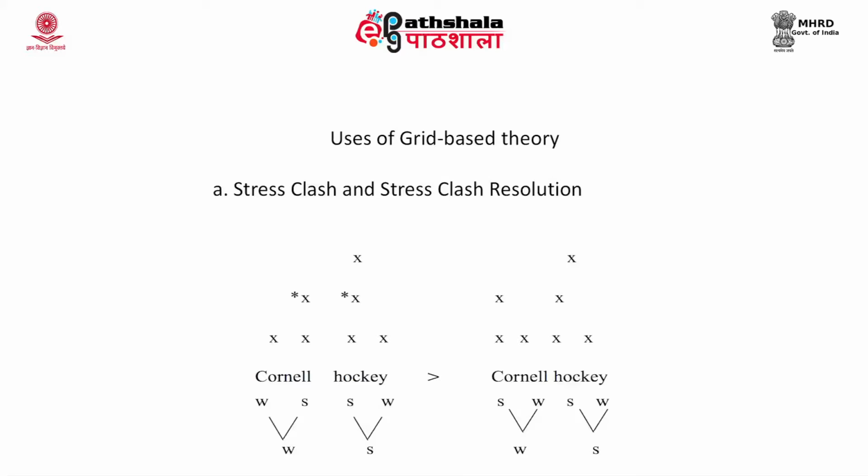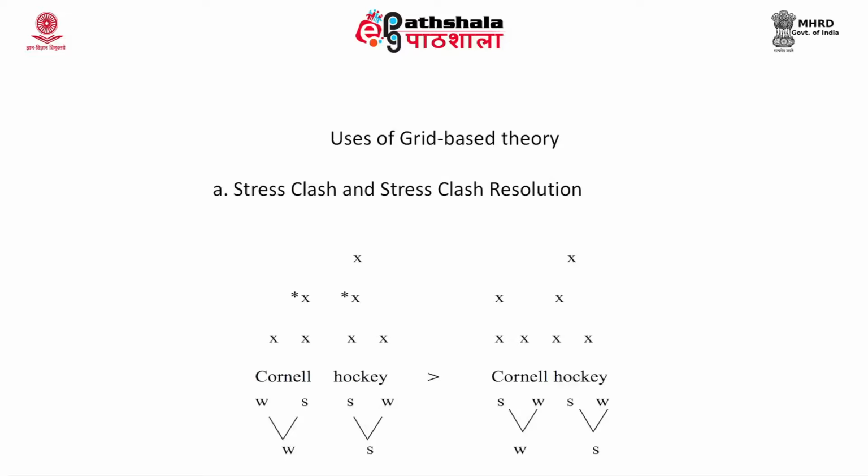Now it so happens that in world languages, this is not liked. Stress systems do not like stress clash. So what happens? Different languages resolve this issue differently. In some languages, one of the stresses may be deleted. In another language, the place of the stress may be shifted.